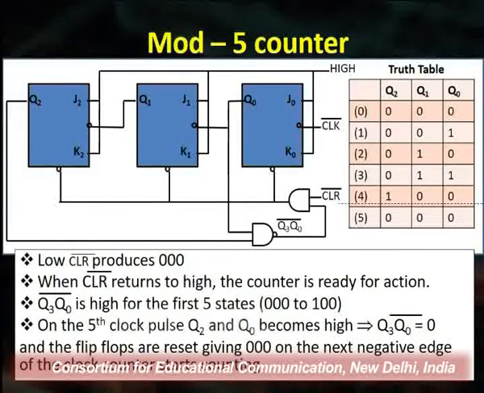Hence Q2, Q1, Q0 begins from 000, then the next state comes out as 001, then we have 010, 011, 100, and just after 100 it resets itself to 000. In this way, we are able to design a counter of any mod that we feel like.